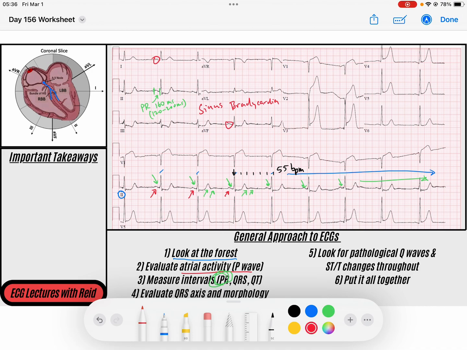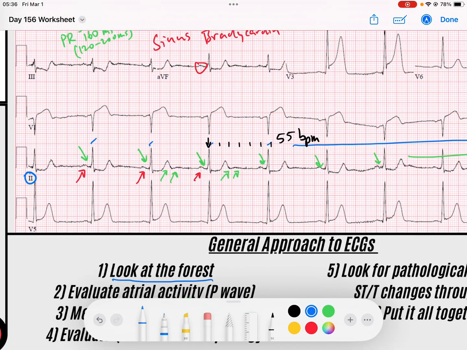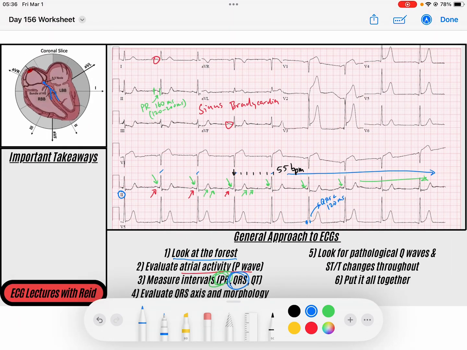The next thing we're going to look at is the QRS complex. My QRS is narrow, less than 120 milliseconds, so it's a nice narrow complex rhythm. The axis of my QRS is upright in lead 1, and it's upright in AVF. That tells me my axis is going down and to the left, and that's normal.